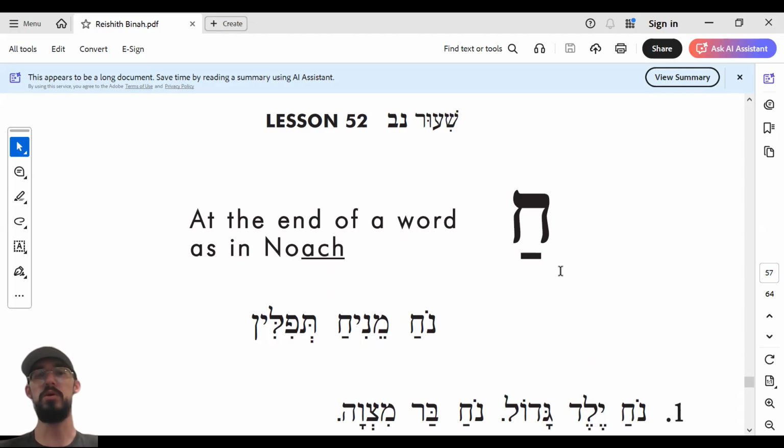So for example, we have here this sentence at the bottom, and it would read as follows: Noach, meniach, tefillin. Right? So you have it occurring twice. The word Noach, which means Noah, is the Hebrew name for Noah in the Bible.